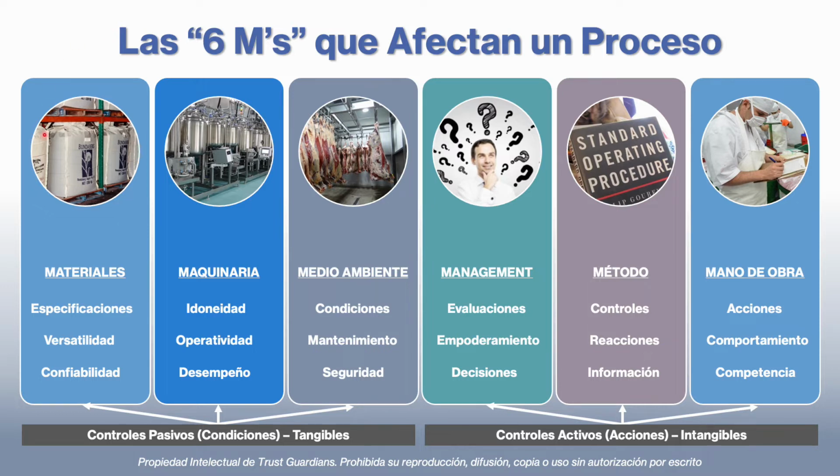So we need to identify that we have 2 kinds of controls: passive controls and active controls. Passive controls are related to conditions, and active controls are related to actions. Passive controls are something that you can touch, you can see, you can consider infrastructure, investment, something that is related with all about the materials, the equipment, and the environment.